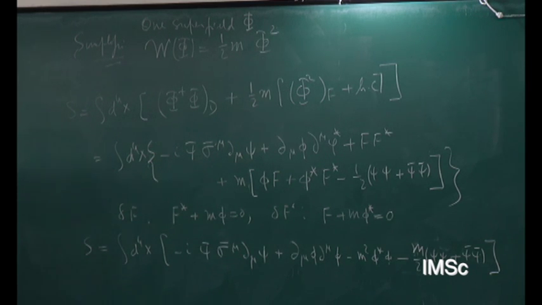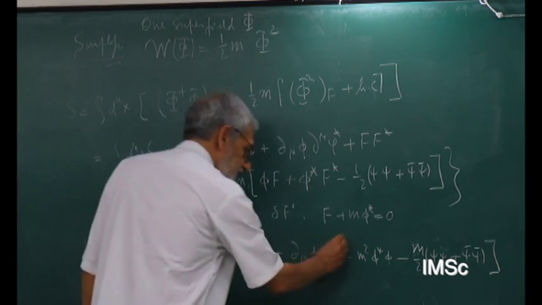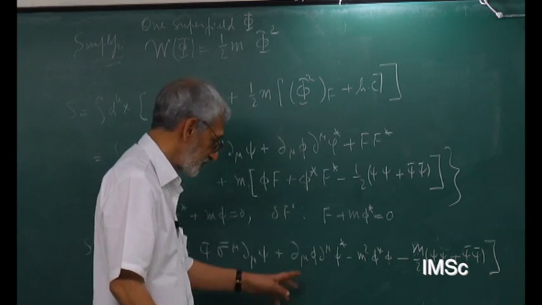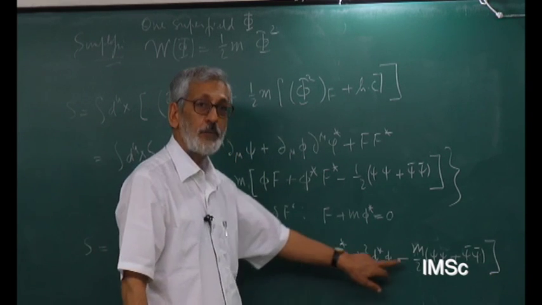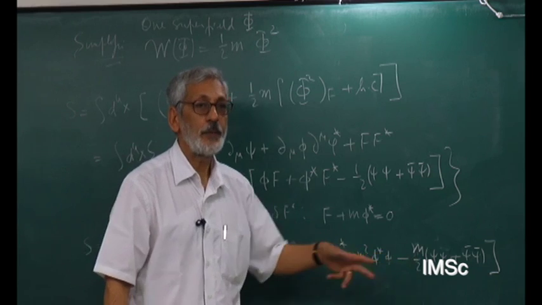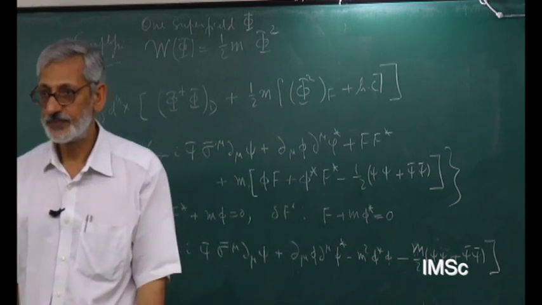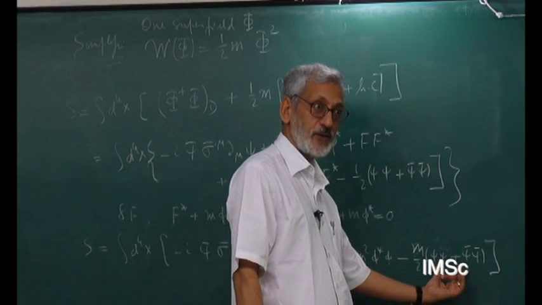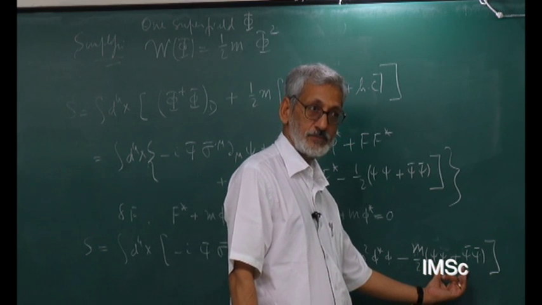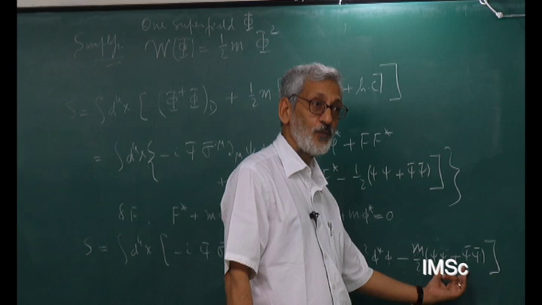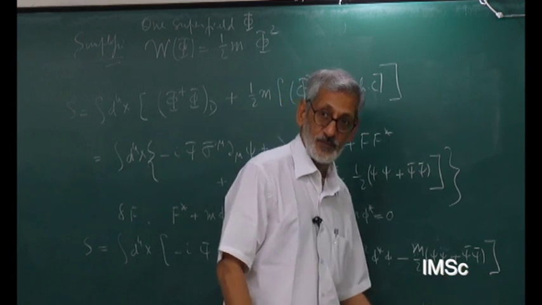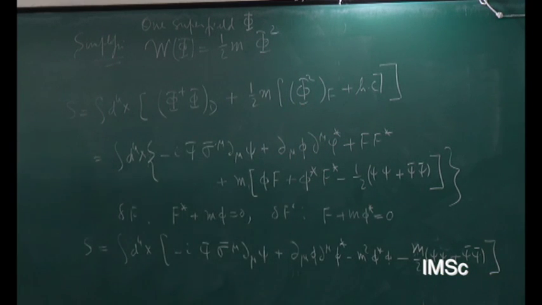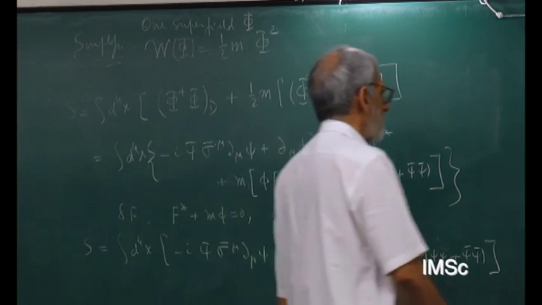This is a theory of a complex scalar field and a Majorana spinor, both of the same mass. Notice this is the nature of a Majorana mass term. Is everybody happy with that statement? That this is a Majorana mass term?